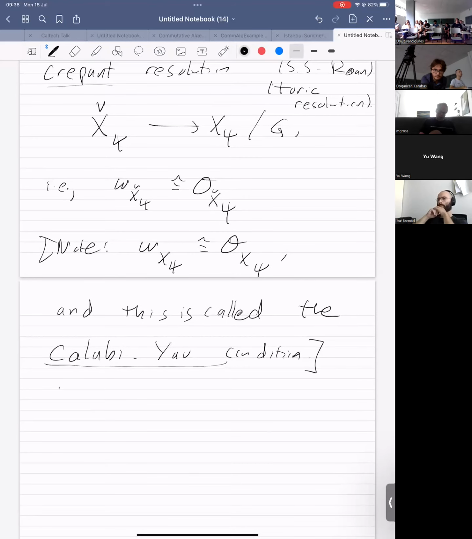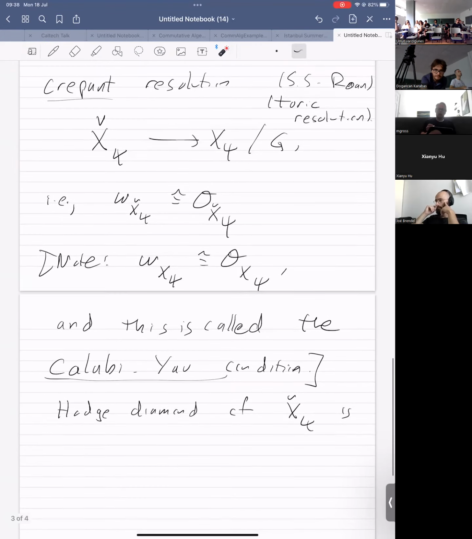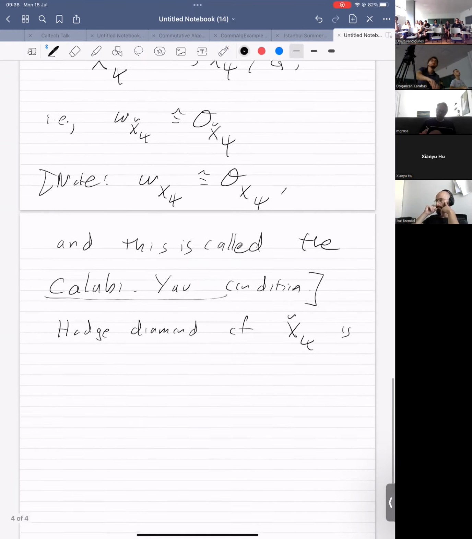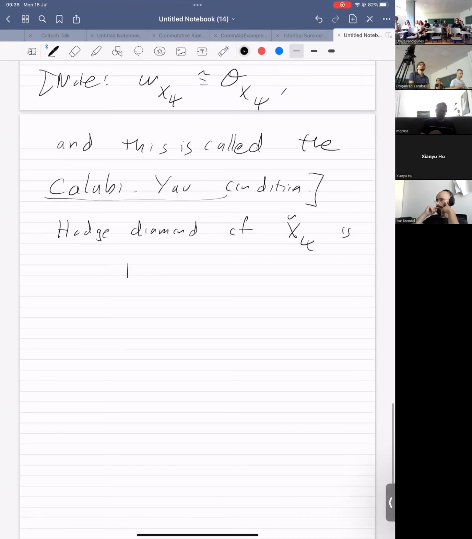Okay. So the Hodge diamond of X check psi is, again, this was computed in work of Roan and possibly Greene, is now 1, 0, 0, 0, 101, 0, 1, 1, 1, 1, 0, 101, 0, 0, 0, 1.